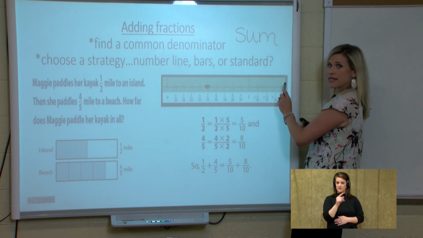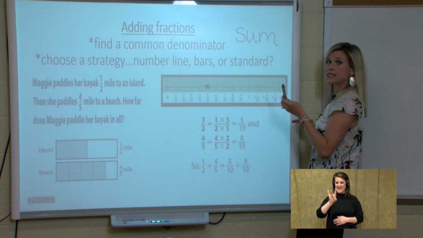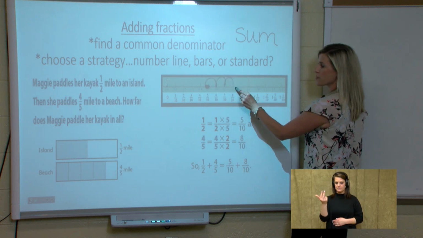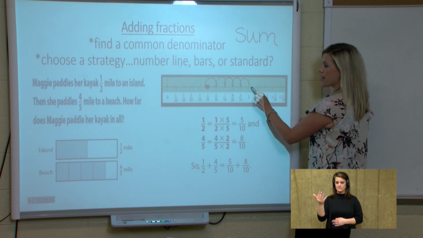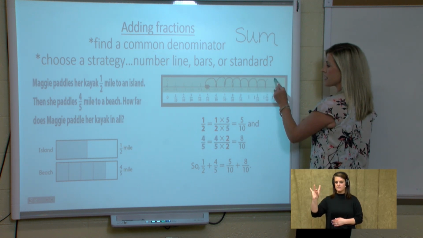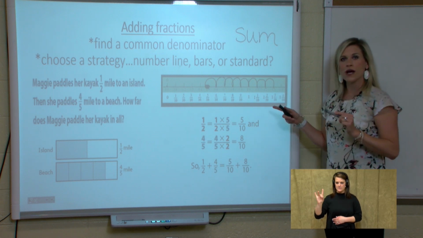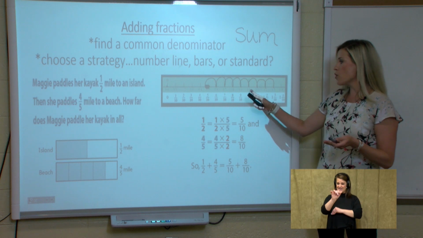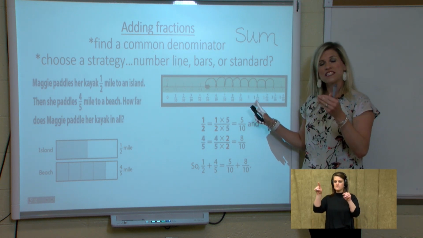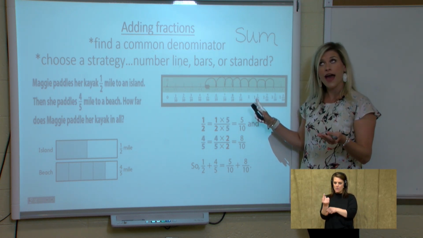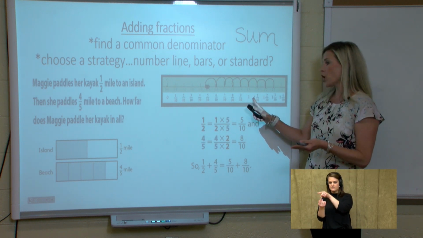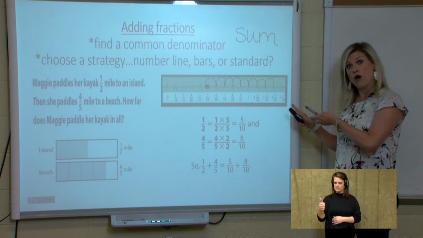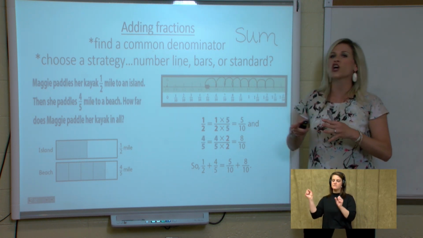I'm going to jump on my number line 8/10 spaces, and let's see where I get. 1, 2, 3, 4, 5, 6, 7, 8. Notice what happened. When I added 8/10, I went over 1 whole because 5/10 is half and another 5/10 would be 1 whole, but I had to add 8/10. Is it okay to go over? Absolutely, because number lines are infinite.